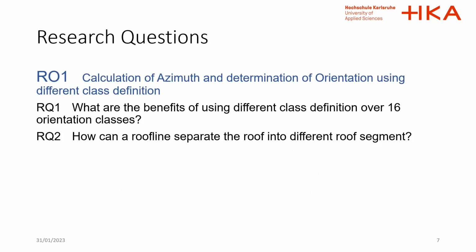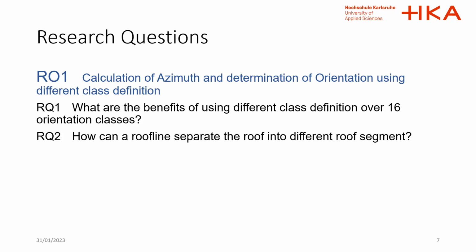So talking about the first research objective, we have two research questions. What are the benefits of using a different class definition over 16 orientation classes? So what I'm trying to do is, how can it help, or how can it overcome the previous approach? And how can a roof line separate the roof into different roof segments?